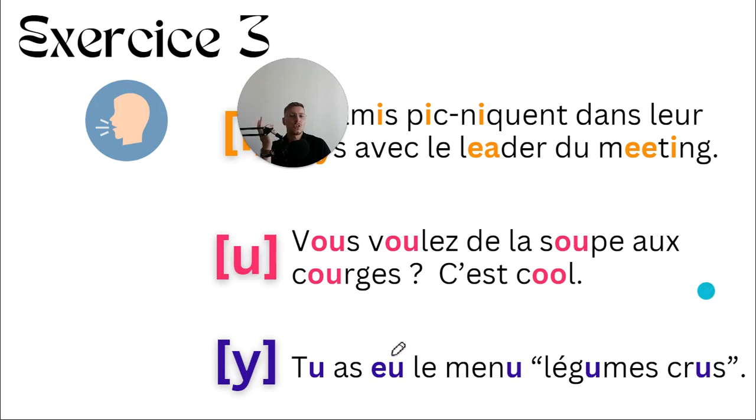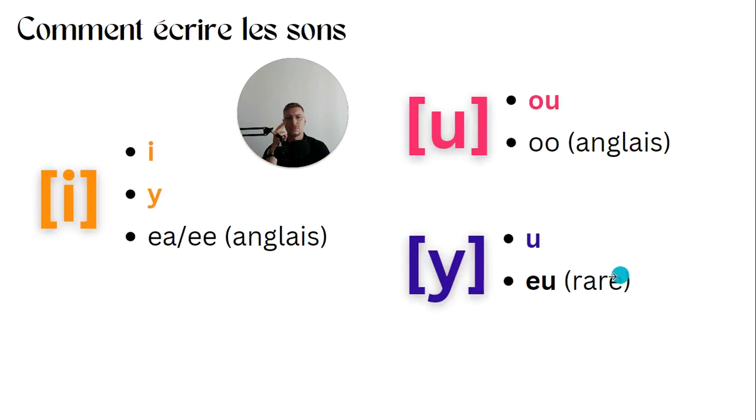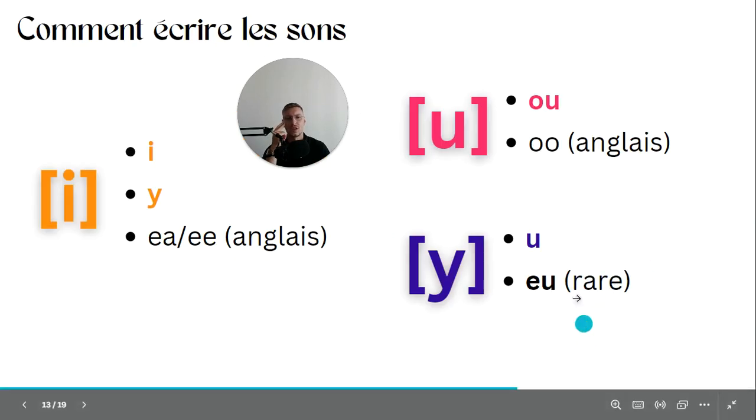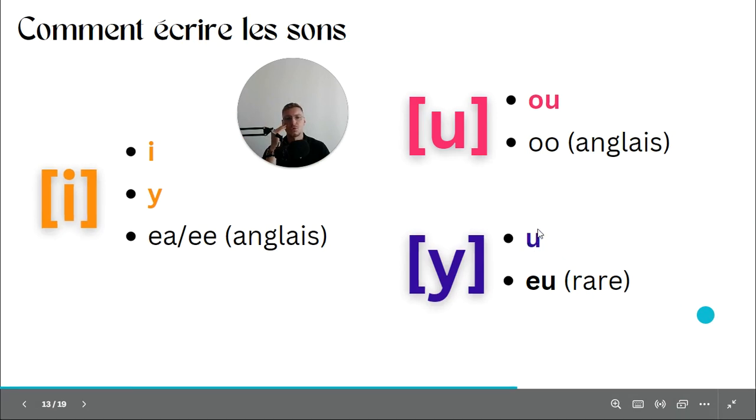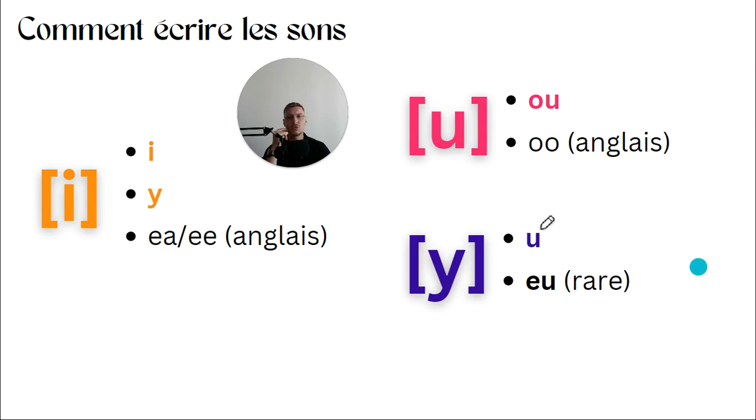But strangely enough, this EU by itself is pronounced U. In every other word, I think it's pronounced E or E. So it's kind of a weird, rare case. 99.99% of the time, the sound U comes from the letter U. As compared to some other sounds that we're going to see later, this is really, really easy.